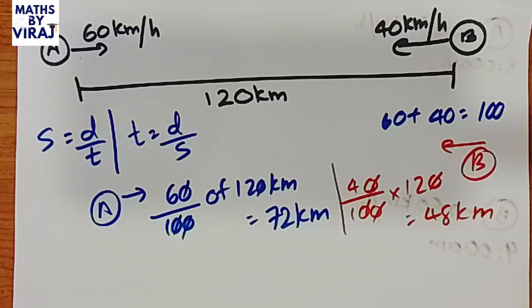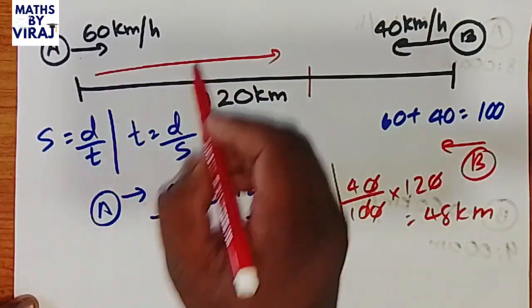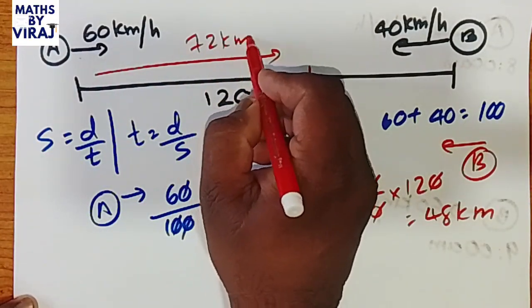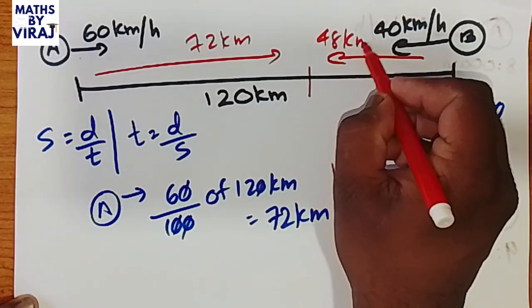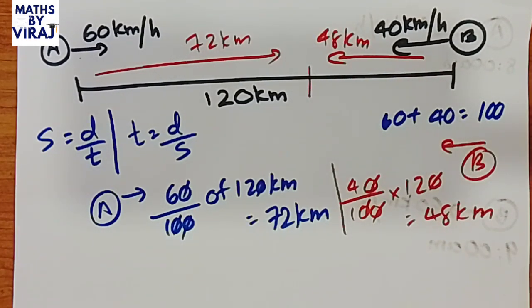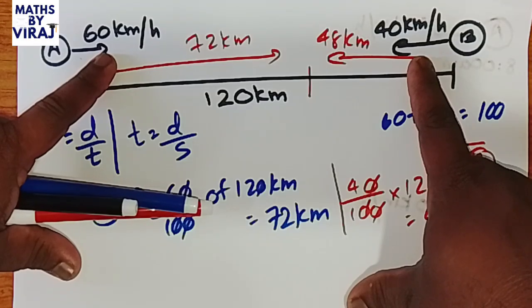Simply said, this has moved 72 kilometers, while this has moved 48 kilometers. And when you add them up, it adds up to what, children? 120 kilometers.